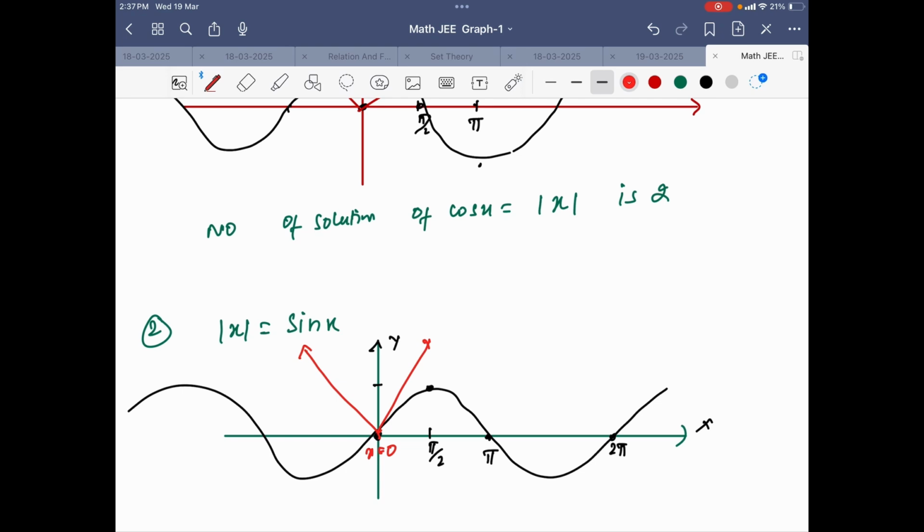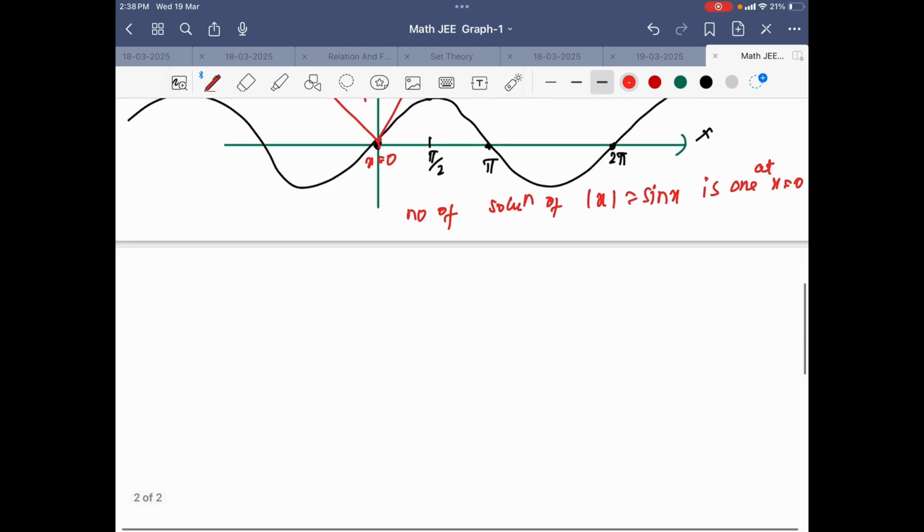For example, take pi by 2: sin pi by 2 is 1, but the mod x curve will not give 1 there. So there is only one solution at x equal to 0. Therefore the number of solutions of mod x equal to sin x is 1, at x equal to 0. Okay, fine.